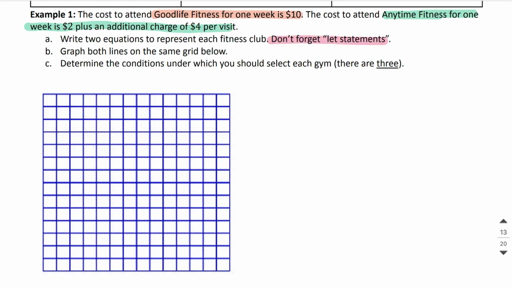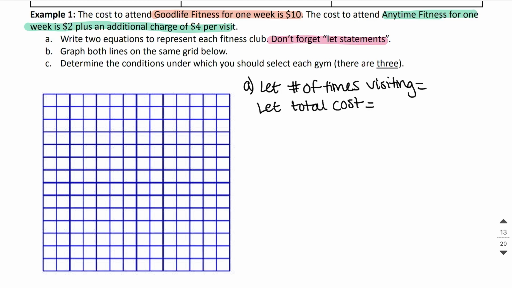So really what's happening here is we don't know how many times a person is visiting, and we also don't know how much you are paying altogether for the full week. And so that means right here that we have the number of times visiting is going to be our first let statement, and then our second let statement is going to be the total cost.